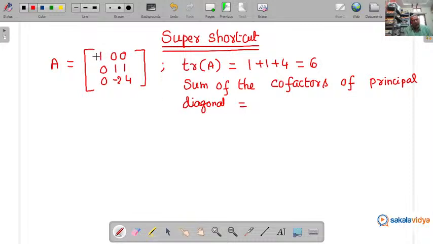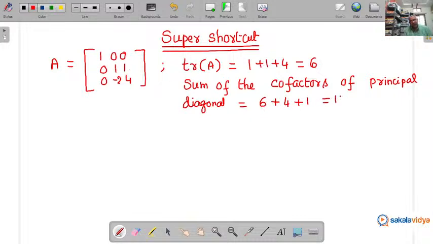The cofactor of 1, deleting this row and this column, is 4 plus 2, which is 6. Plus the cofactor of the next element, deleting its row and column, is 4 minus 0, which is 4. Plus the cofactor of 4, which is the determinant of 1 0 0 1, that is 1.